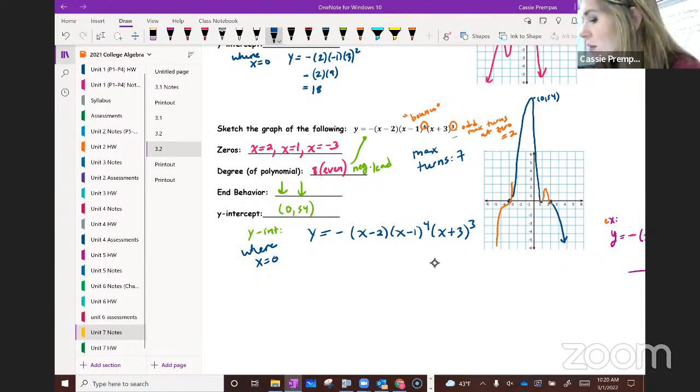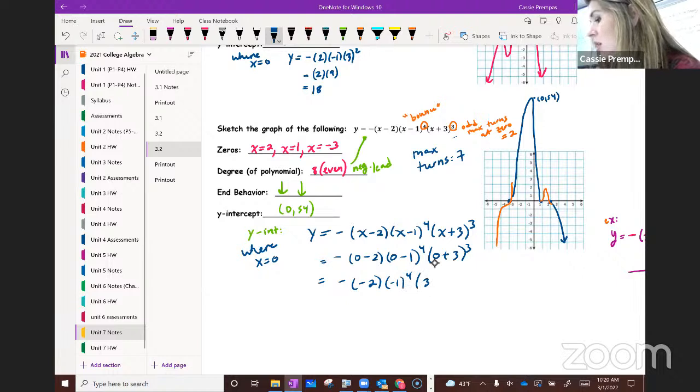I would plug in 0 for x. 0 minus 2 would be the first parentheses I'm going to evaluate. 0 minus 1 to the 4th is the second one. 0 plus 3 would be the third one, and then I have to perform the operations. So this is going to create the opposite of negative 2. Negative 1 to the 4th will create a positive 1, and then 3 cubed is going to create 27. So this is going to be 2 times 1 times 27, which is where you get that y-intercept of 54.